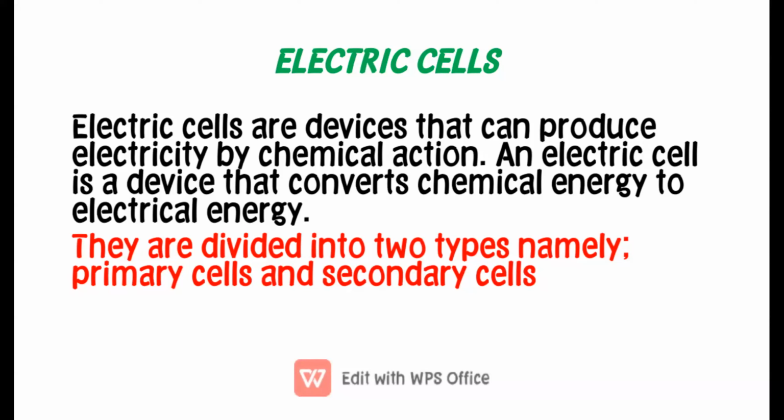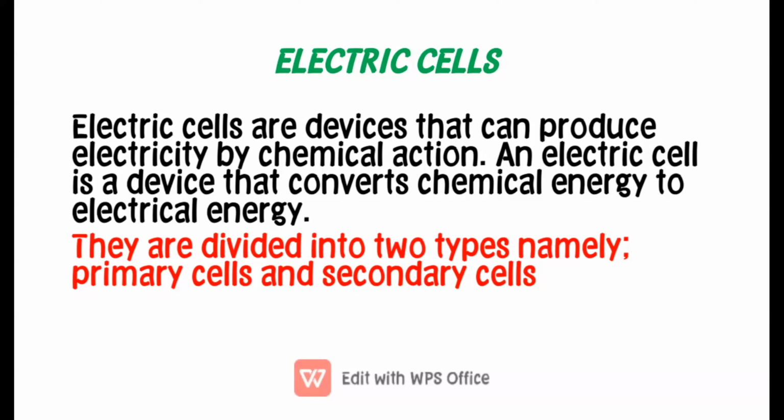So you can ask yourself which things can produce electricity by chemical action. If anything can produce electricity by chemical action, then it qualifies to be called an electric cell.